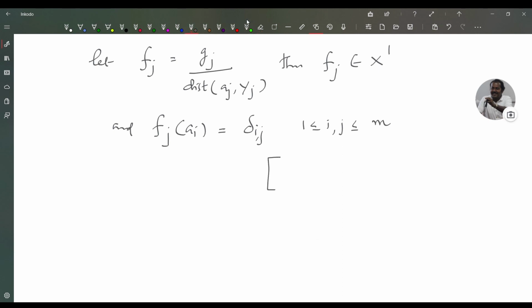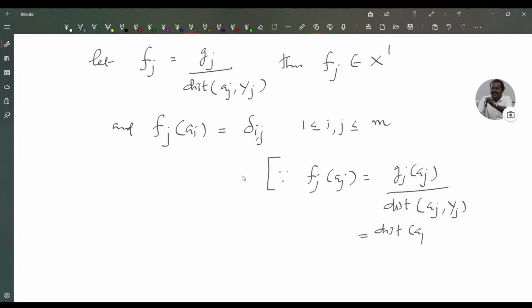This is because fj of aj is gj of aj divided by the distance between aj and Yj, and you know this is the distance between aj and Yj divided by the distance between aj and Yj, so that is equal to 1.